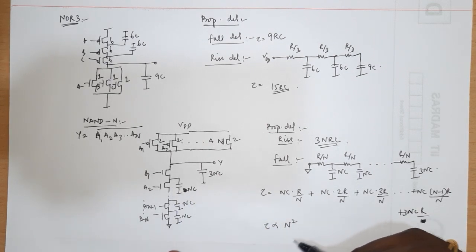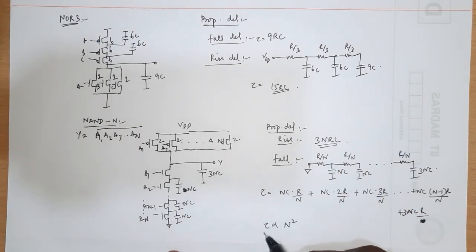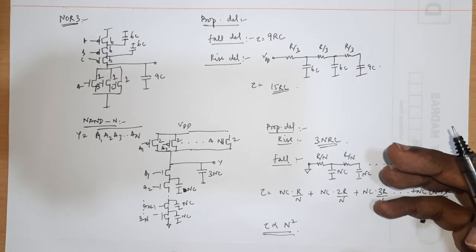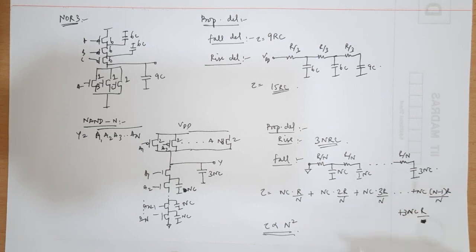If I increase the stack, then my propagation delay without adding any kind of load, the delay inherent to the gate, is itself increasing as n square. So it's a wise idea not to stack a large number of transistors.